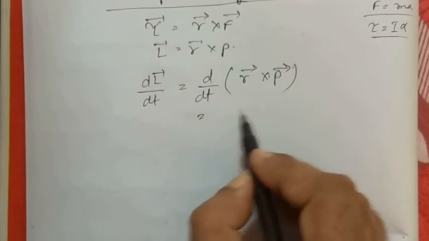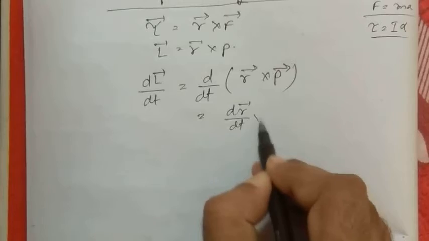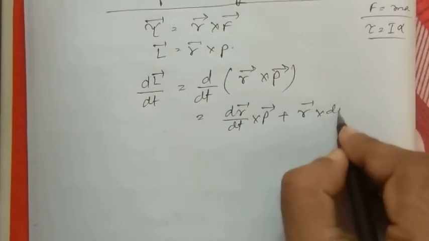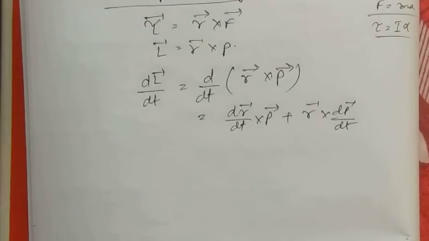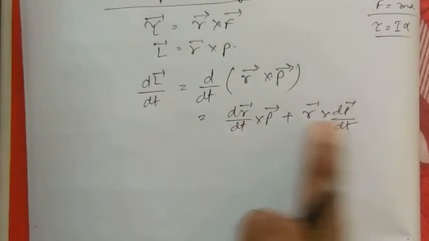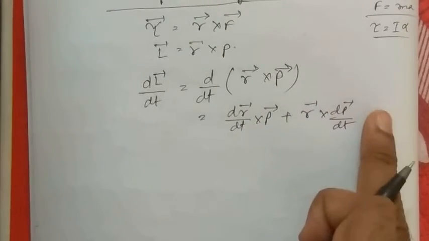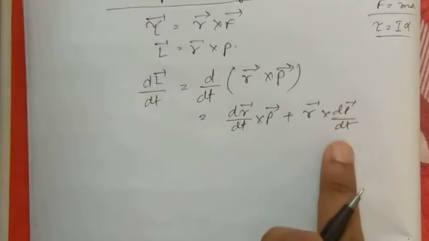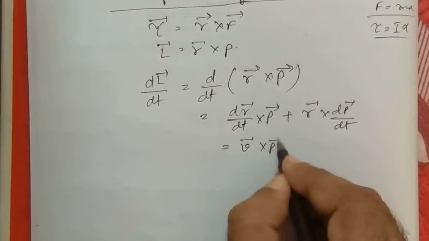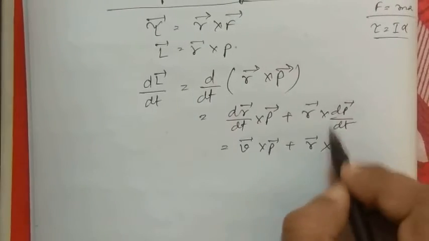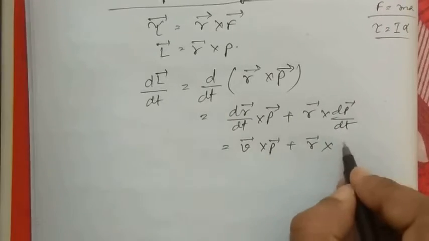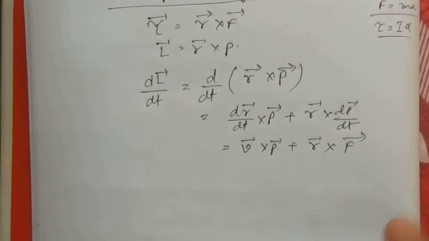So we can write dr by dt cross p plus r cross dp by dt. As this is a cross product, we have to take into account the position of these two terms. We cannot write dp by dt cross r; it must be r cross dp by dt. Now dr by dt means v cross p plus r cross dp by dt, the rate of change of linear momentum, that is force, again from Newton's second law.